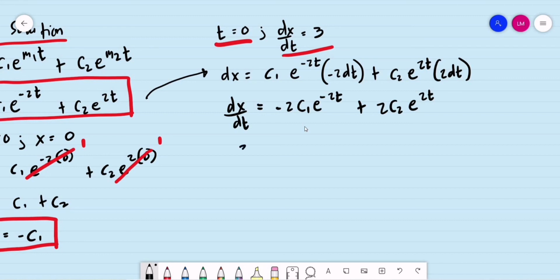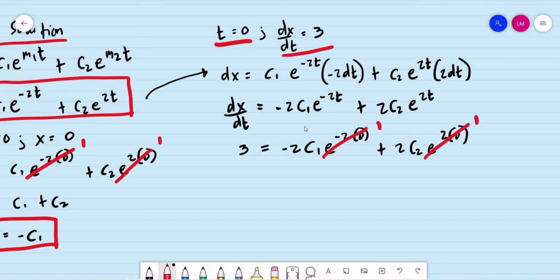So this will be 3 equal to negative 2 c1 e raised to negative 2 times 0, then plus 2 times c sub 2 e raised to 2 times 0. But e raised to 0 is the same as 1. So we'll be having our equation. This is 3 equal to negative 2c1 plus 2c sub 2.